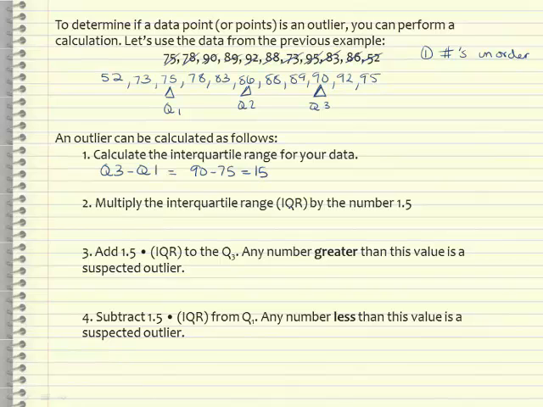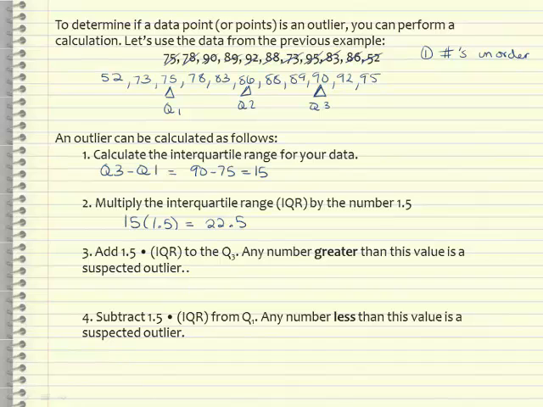Now we multiply the IQR by 1.5. So I'm going to take 15 times 1.5, and I get 22.5.